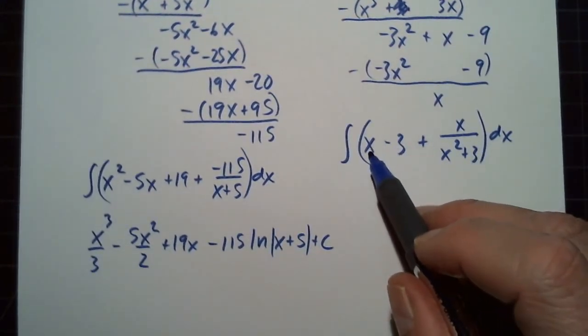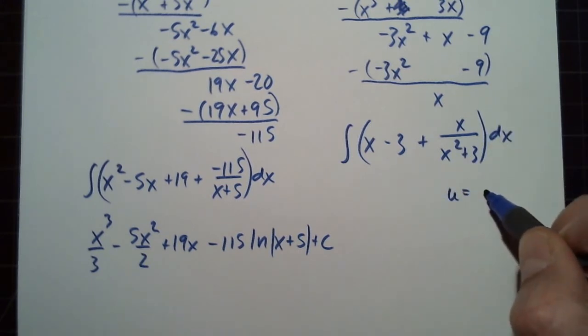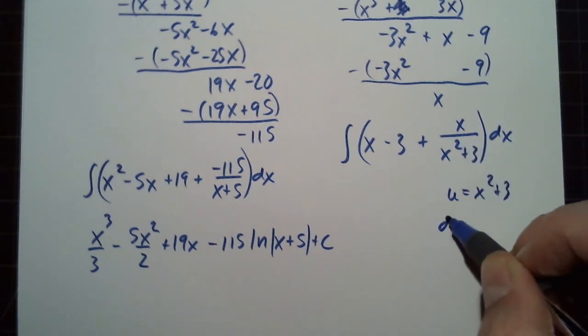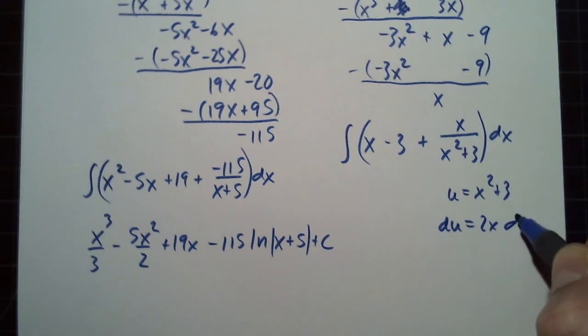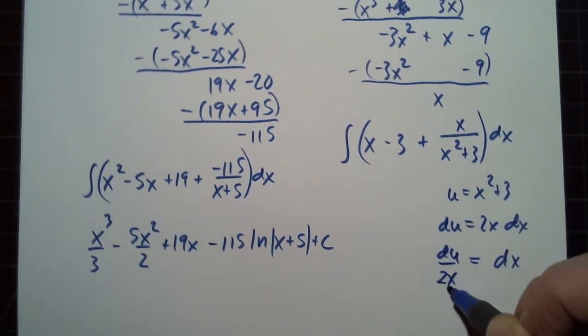We can do the antiderivative of these, and then we'll do substitution with this. If we let u equal the denominator, du is 2x dx, dx is du over 2x.